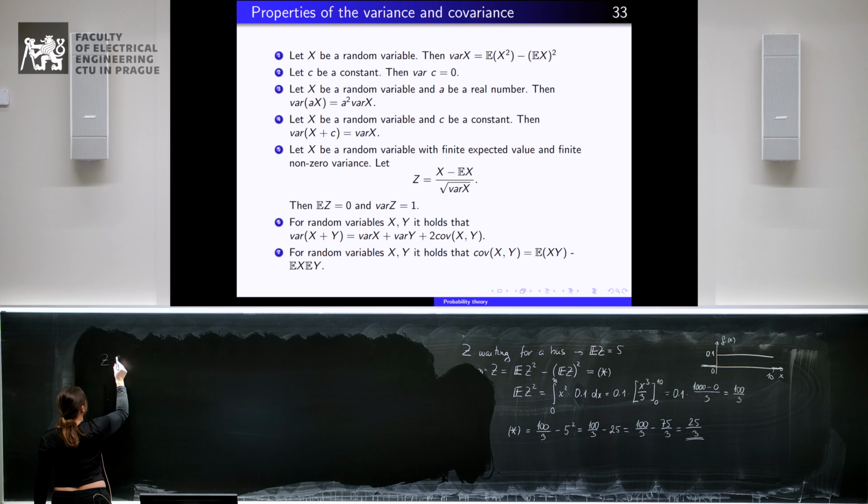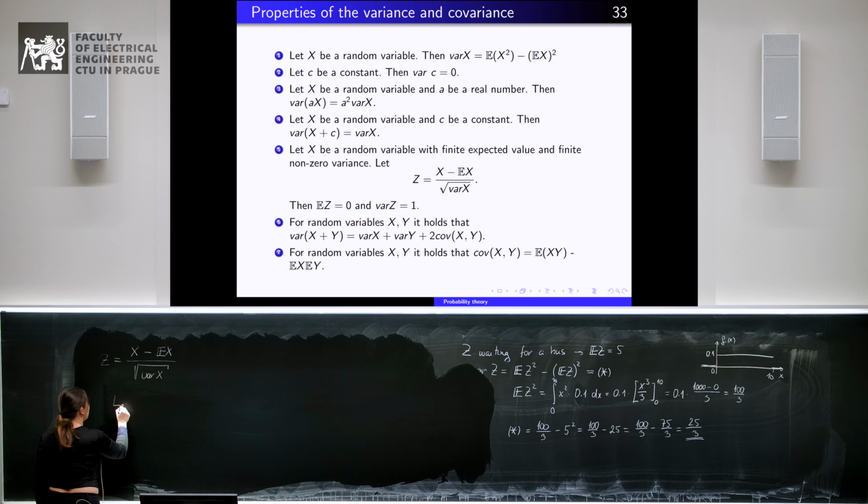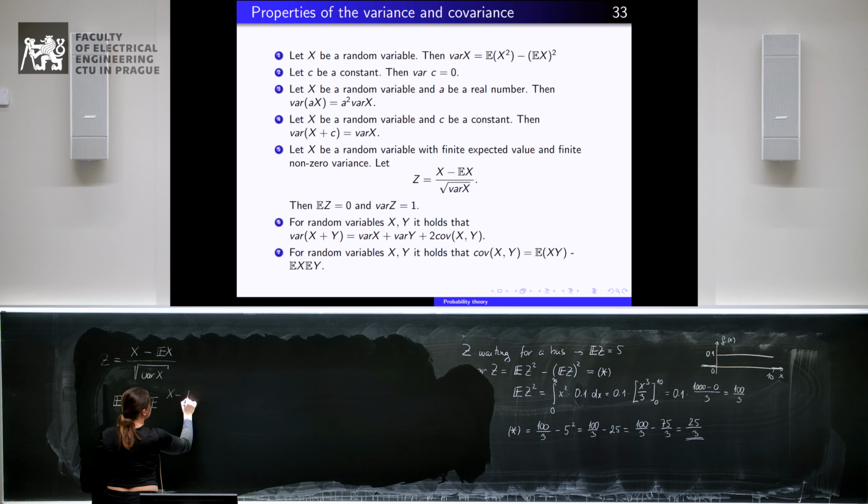So when we consider z to be x from which we subtract its expected value, and we divide everything by the square root of the variance, the expected value of z is equal to the expected value of (x minus EX) over the square root of the variance. The variance is a constant, some constant b, so also the square root of this b is a constant.